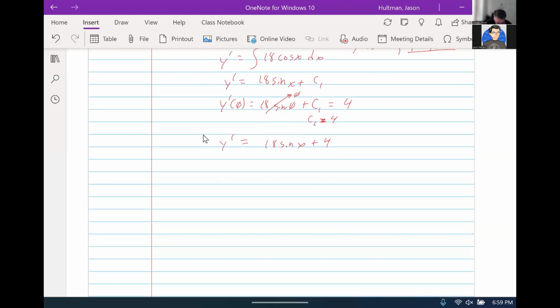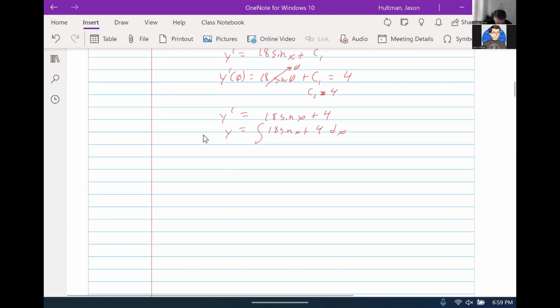Okay, and then we want to integrate this guy with respect to dx. y is equal to the integral of 18 sine x plus 4 dx. And that becomes negative 18 cosine x plus 4x plus, I'll call this c2, for y.